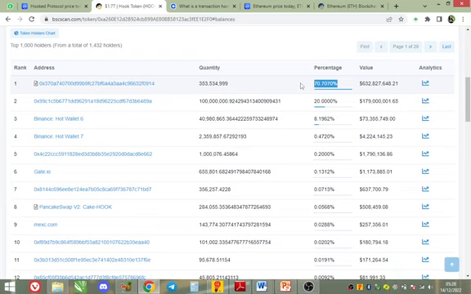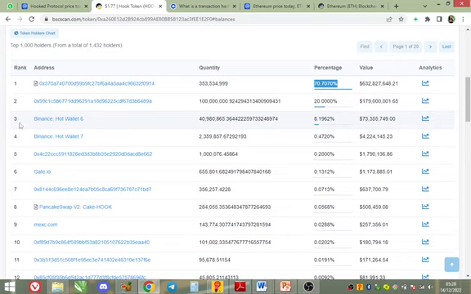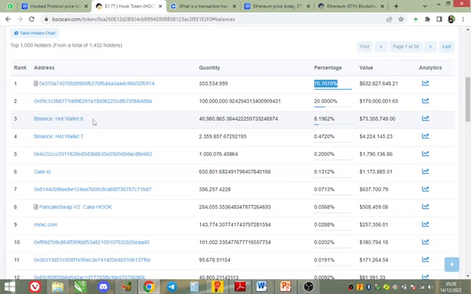These are the people we call whales, because they hold a huge amount of the token. You can see this is Binance, which is holding 8%. This is another Binance wallet.